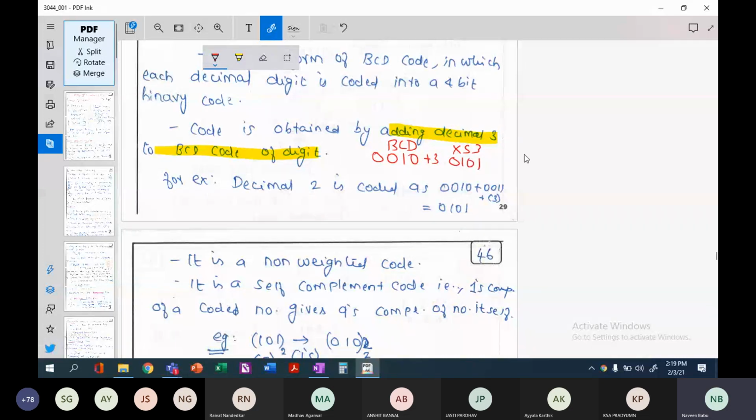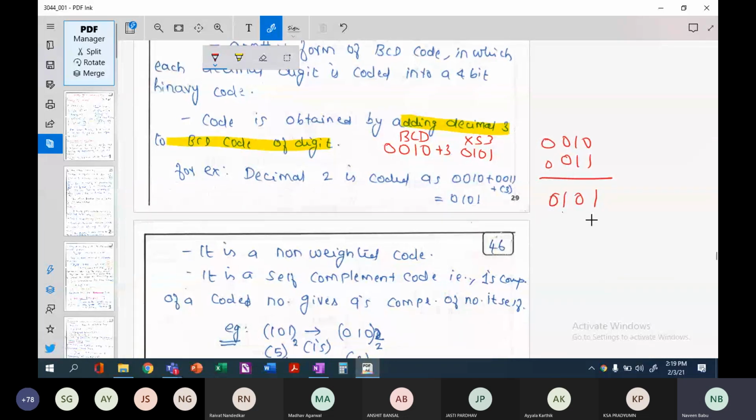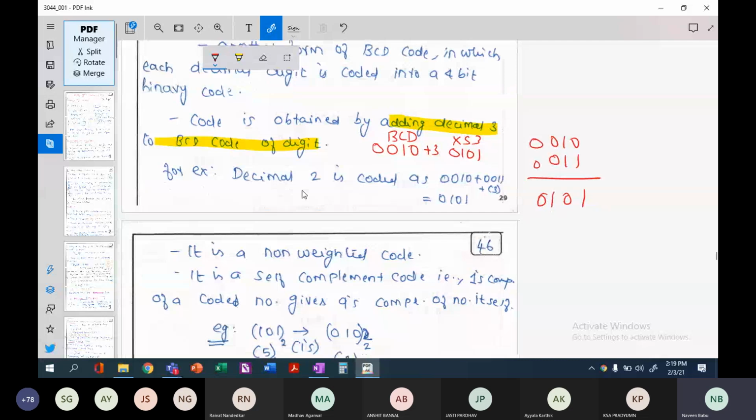Or in other words, 0010 was the BCD code. You add 3 to it. What is the equivalent of 3? It is 0011 is the equivalent of 3. You add them, and the equivalent XS3 code of decimal 2 will be 0101.